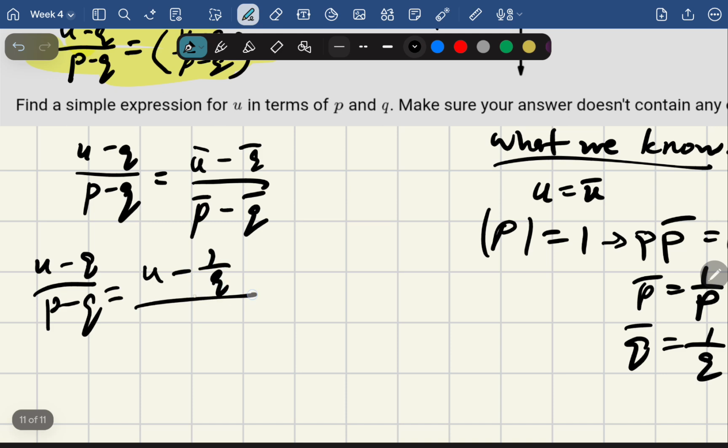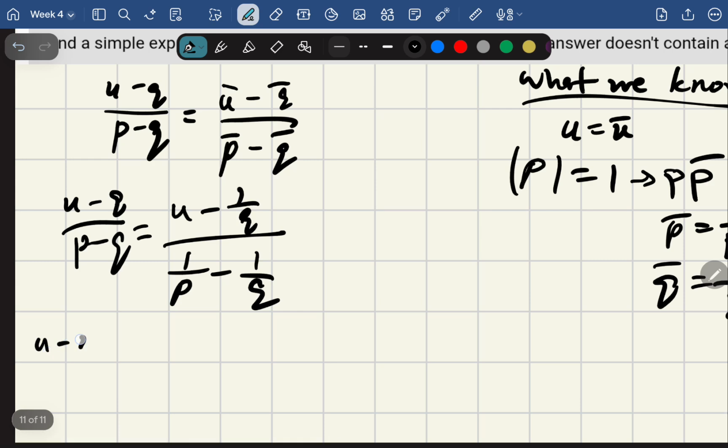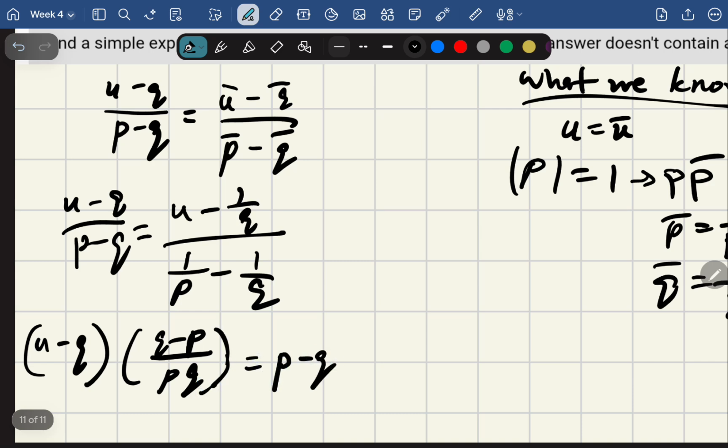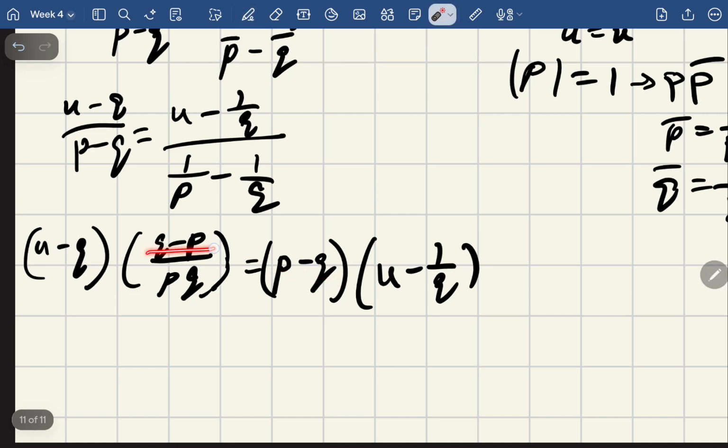U minus 1 over Q over 1 over P minus 1 over Q, and then we can cross multiply. And then 1 over P minus 1 over Q, common denominator is Q minus P over PQ. And then this is equal to P minus Q times U minus 1 over Q. But by the way, you can see that this is just negative 1 times that.